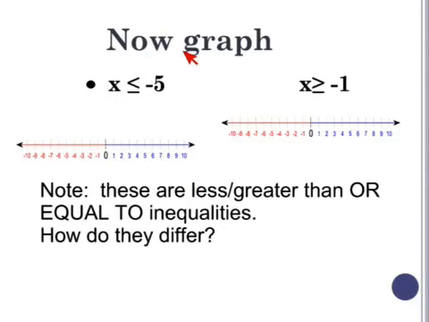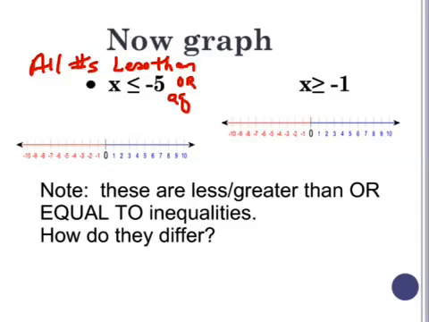Alright, these examples have a slight difference in them. Notice that we now have an equal sign here. Less than or equal to, greater than or equal to. Let's see how the graph differs. Now, on the left one, this says winners are all numbers less than or equal to -5.